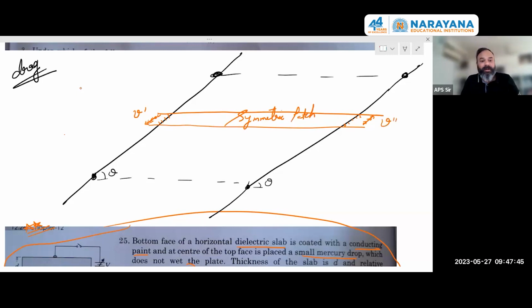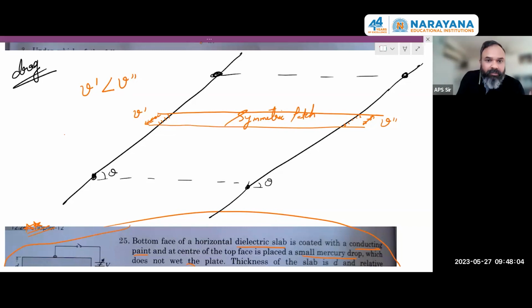Now I'm making a statement: the ball coming from top to bottom will have lesser speed in all the symmetric patches. So it will take more time. So the answer is done. Time of descent will be more than time of ascent.